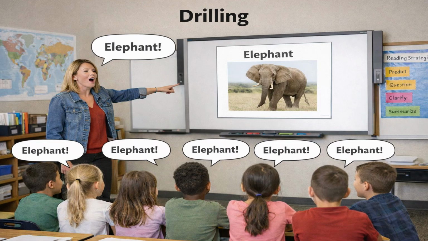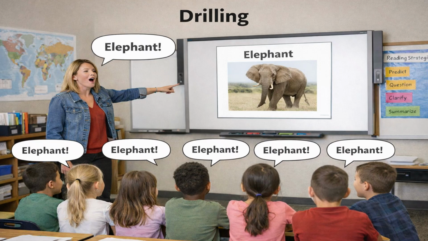Also, drilling is not only about repetition. The teacher should guide students to focus on important vocabulary features, like the correct pronunciation, the stressed syllable, and the type of the word. Is it a noun, a verb, or an adjective? For example, the teacher says the word.